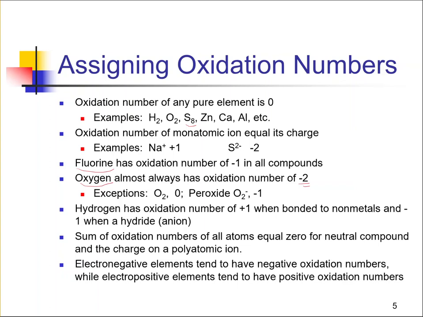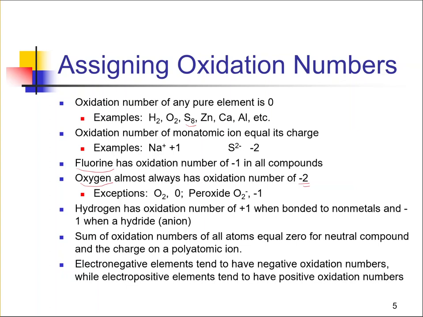Keep in mind that the sum of oxidation numbers of all atoms equals 0 for neutral compounds, and for charged or polyatomic ions, the sum of oxidation numbers of all atoms equals the charge of that ion. Now, this last one could be like a check mark for you. When you assign oxidation numbers, keep in mind that electronegative elements tend to have negative oxidation numbers, while electropositive elements tend to have positive oxidation numbers.